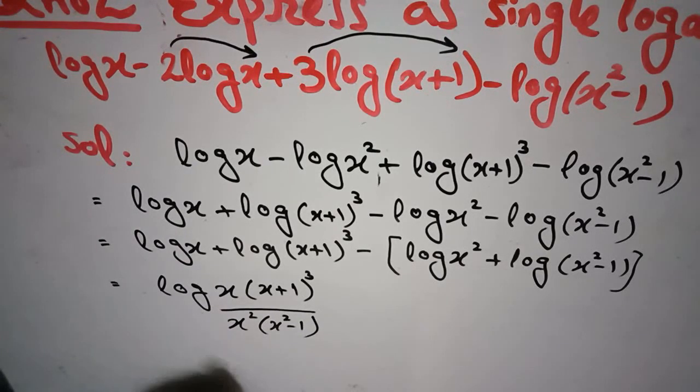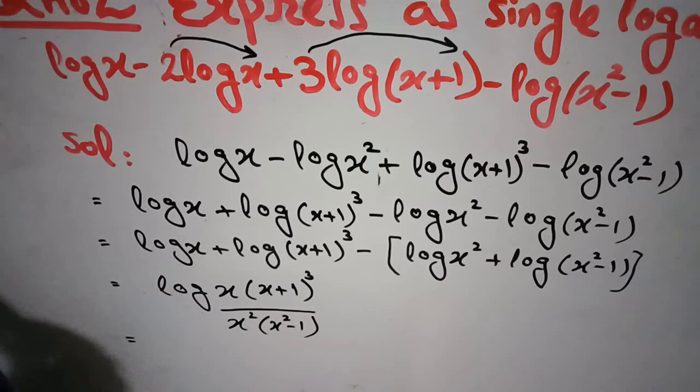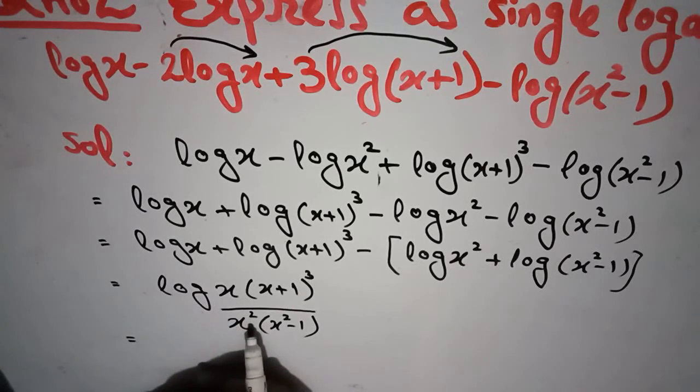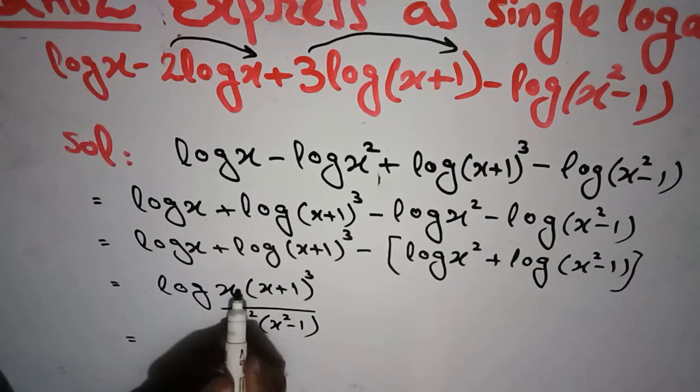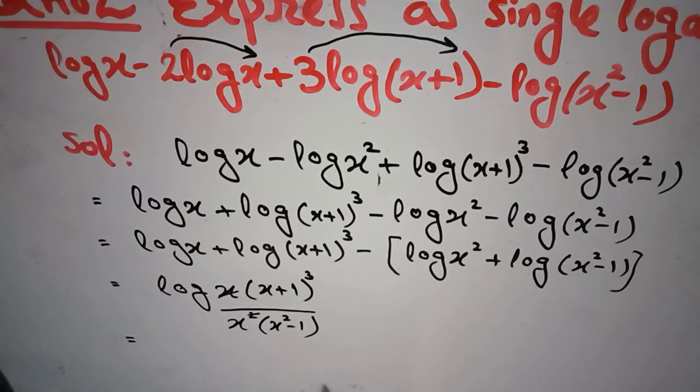Okay, now the next concept is to check whether any formula can be applied, or whether any variables cut off. Yes, this x will cut with this one, so you can cut it with this power. Similarly, you can apply a formula in this step, because x square minus 1 is in the a square minus b square form.